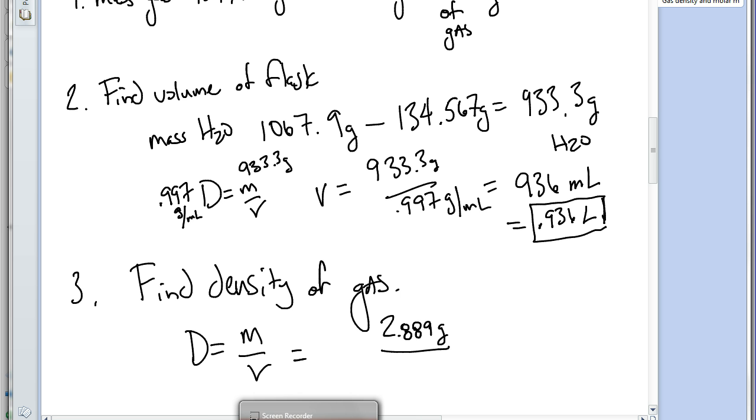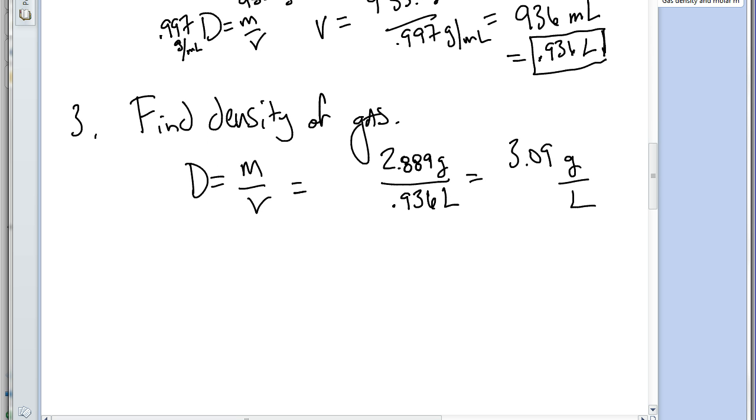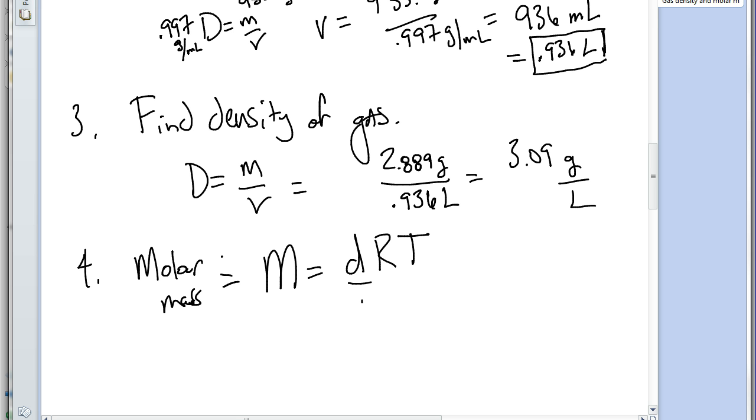The volume it's going to occupy, we just calculated in step number 2, 0.936 liters. When we divide these two, we get 3.09 grams per liter. Now that's an important piece because we're now going to use the formula to find the molar mass. The molar mass of the gas equals density, which we just calculated, multiplied by the ideal gas law constant, multiplied by temperature, divided by pressure.